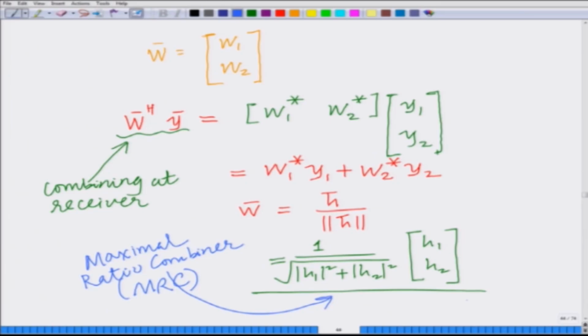So, in this module we have seen a very important concept: if we have multiple antennas at the receiver, that is receive diversity, with two receive antennas, we assumed the noise elements at the two antennas to be of equal power and uncorrelated, and in such a scenario, how do we optimally combine the signals y1 and y2 received at the two antennas?